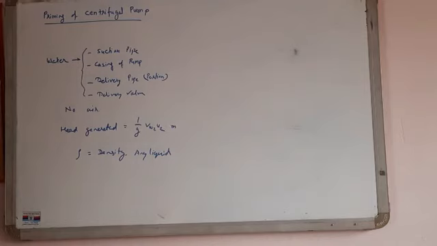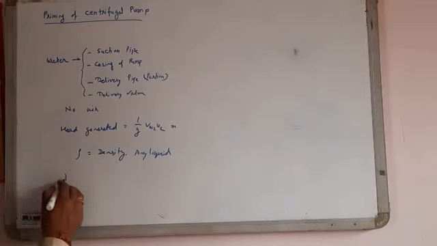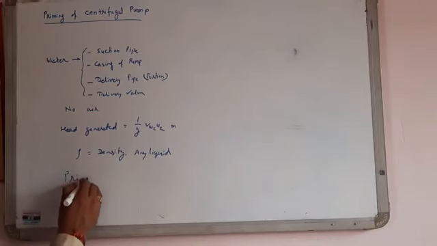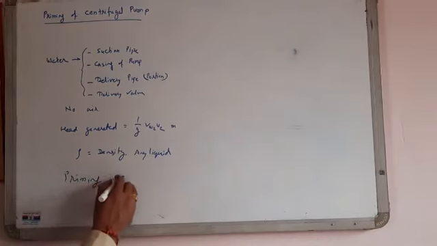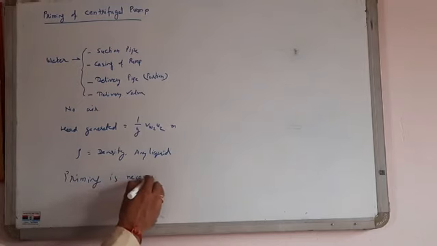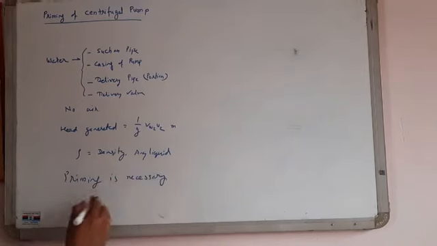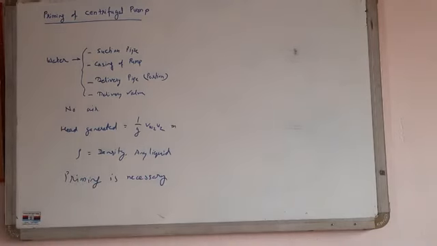But as the density of air is very low, the generated head of air in terms of equivalent meter of water head is negligible, and hence the water may not be sucked from the pump. To avoid this difficulty, priming is necessary. So the priming is necessary because of air, water cannot be pumped. Okay.